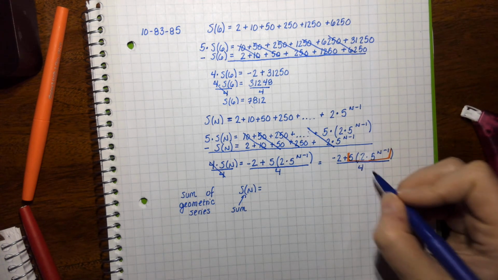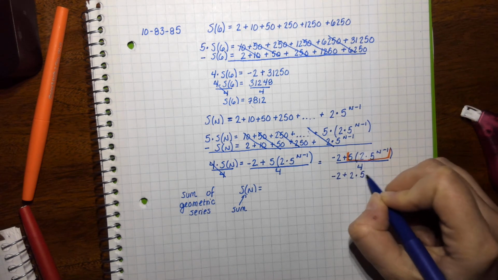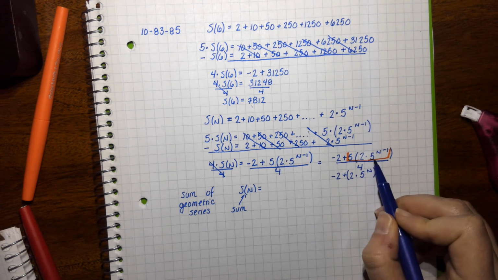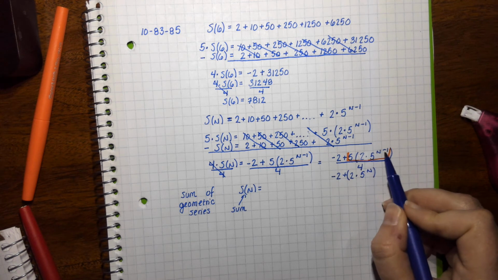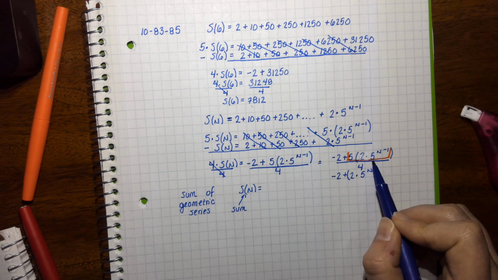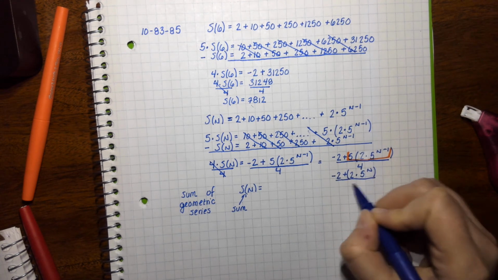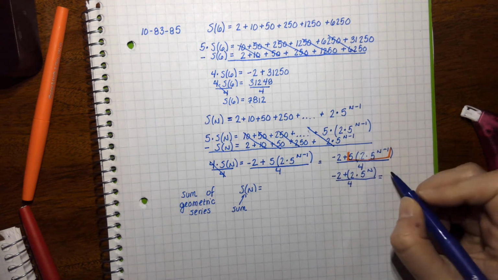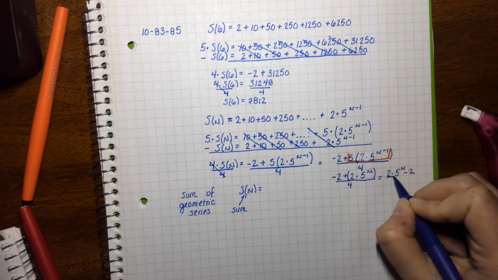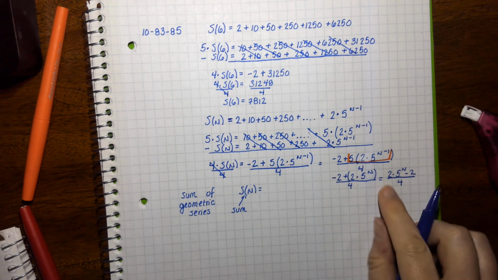Okay, so -2 plus 2 times 5 to the n. Okay, so this 5 gives you another 5 here, which gets rid of that -1. Let me say that again. This 5 gives you another 5 here, which gets rid of this -1. And then we're going to rewrite this a little bit prettier. All right.